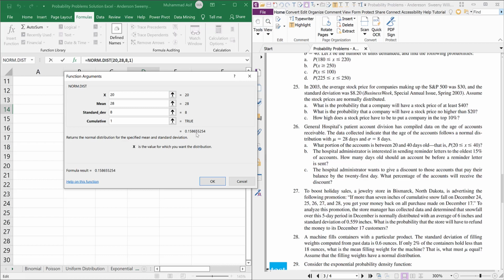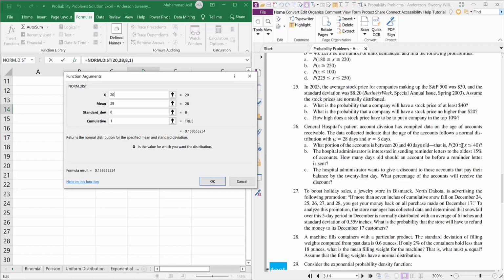If we take a difference of 0.9331 and 0.1586, that will give something close to 77%, which means almost 77% of accounts lie between 20 and 40.